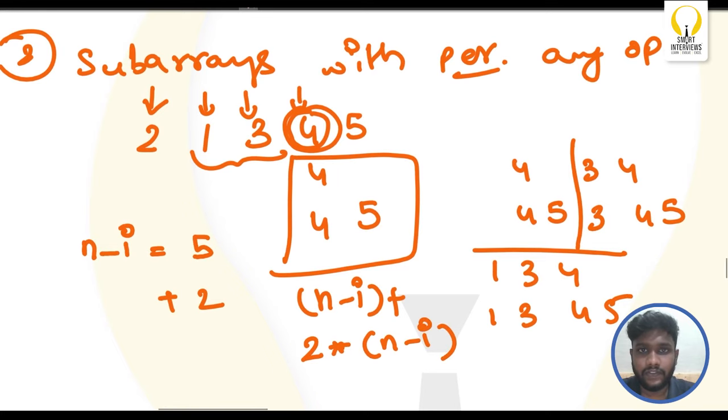Because if you see, all these subarrays have 4 5 common, right? That is the total number of subarrays starting with 4, and for the previous elements, we'll just multiply their count with the subarrays. So in this case, it will be n minus i plus 2 into n minus i.